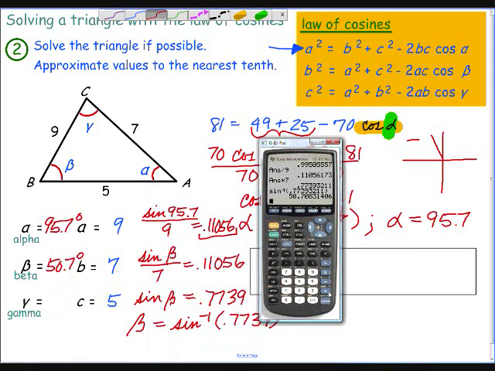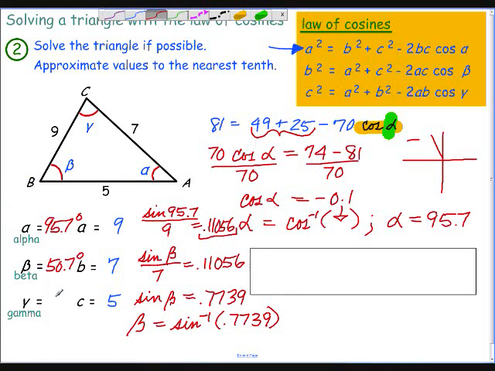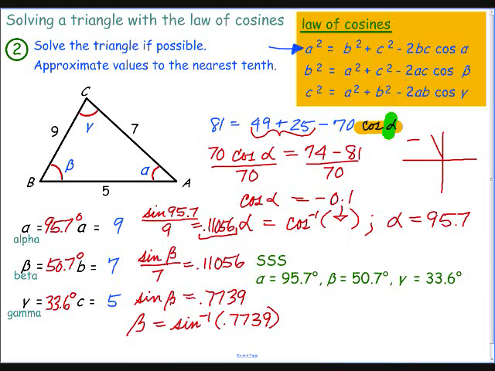If I add 95.7 to that, and then find its difference with 180, I know that gamma is 33.6. Remember, we're approximating to the nearest tenth. 33.6 degrees. Does that look good? And it's a match to what I had figured out sometime before.